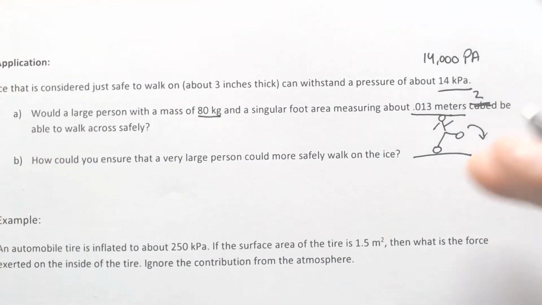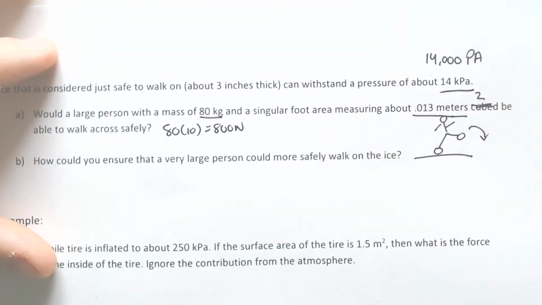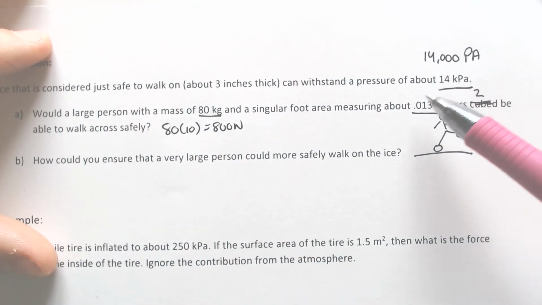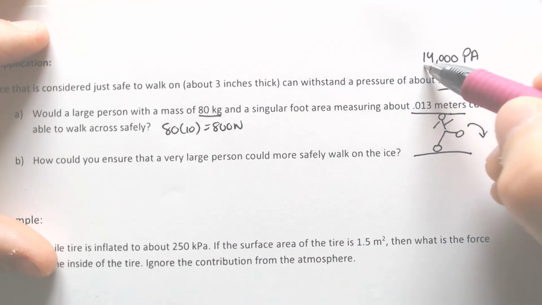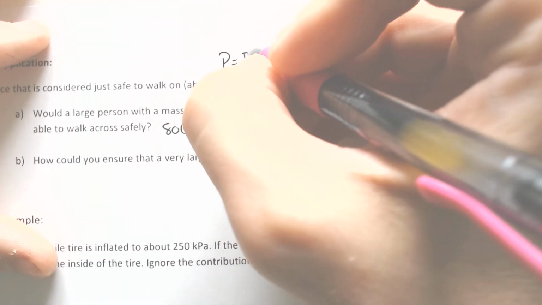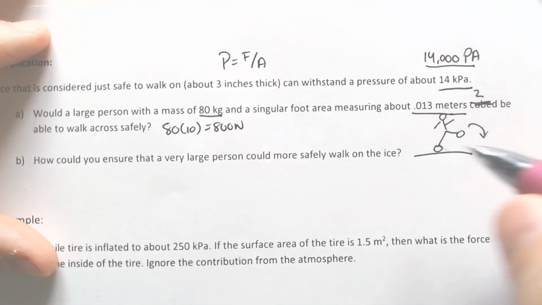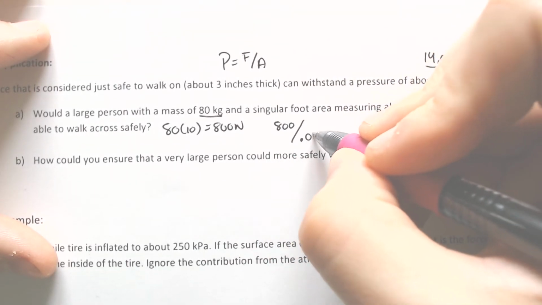Now, if you stood still, you'd be able to split it evenly. So the force of 80 kilograms would be 80 times 10. mg is 800 newtons. And we have a single foot of 0.013. Well, we need to determine if the pressure is going to be more than 14,000. Again, pressure is equal to force divided by area. So we have our force, 800 newtons, and our area, 0.013.